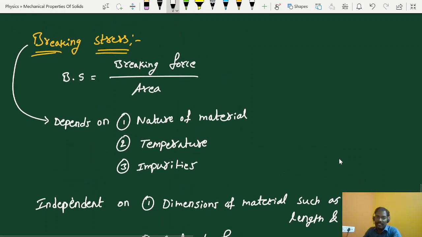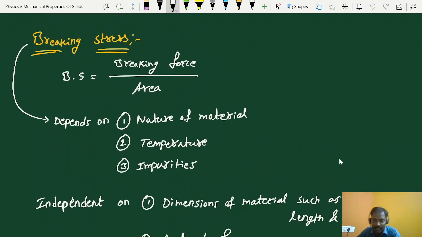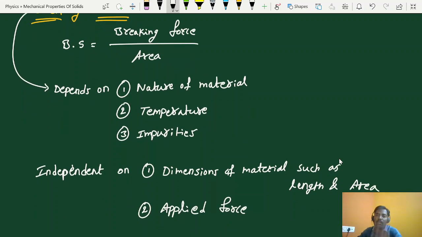So it is independent of the force applied as well as the area of cross section. It is a characteristic property of a particular material.